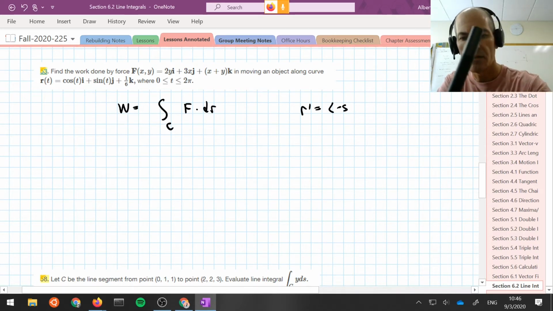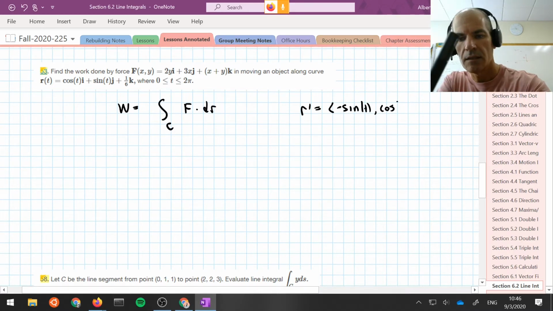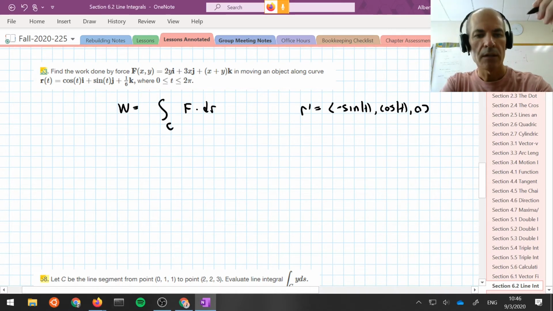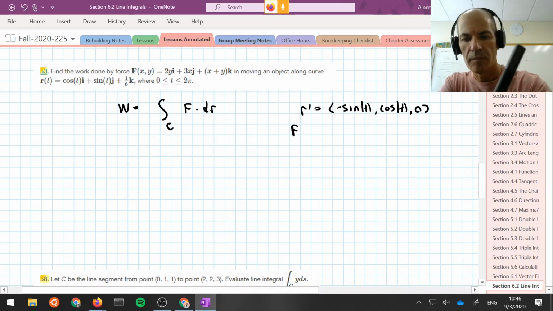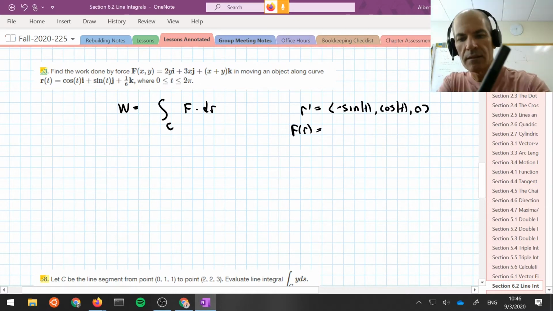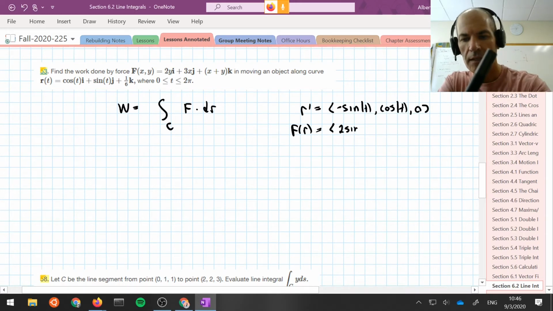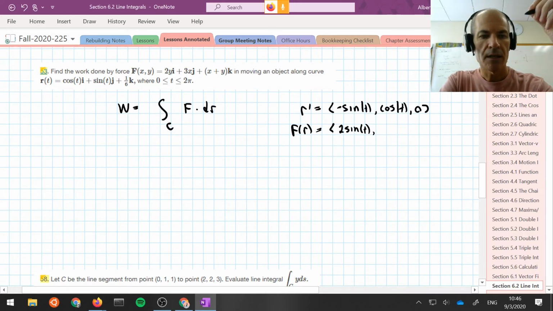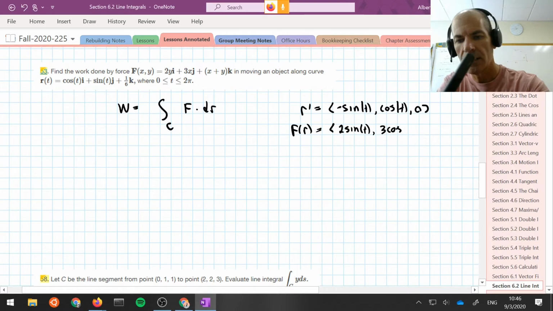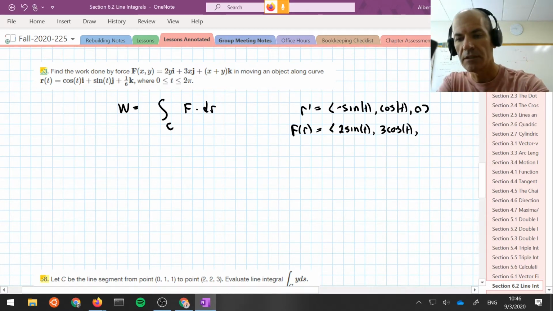That's going to be minus sine of t, cosine of t, and 0. We also need F along r, which I'll denote as F of r. And what that is, twice times the y-coordinate, so 2 sine t, 3 times the x-coordinate, 3 cosine t, and then finally x plus y, so cosine of t plus sine of t.